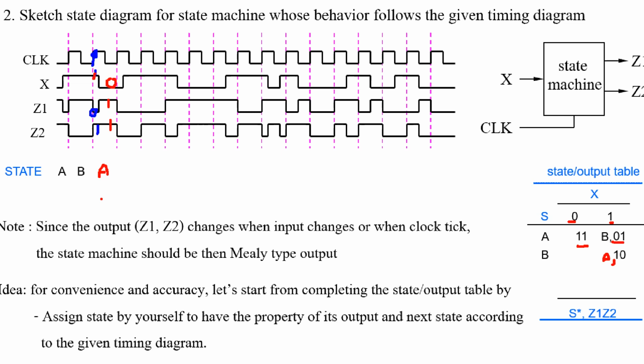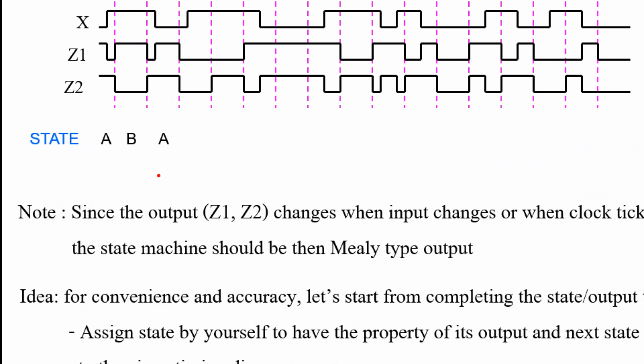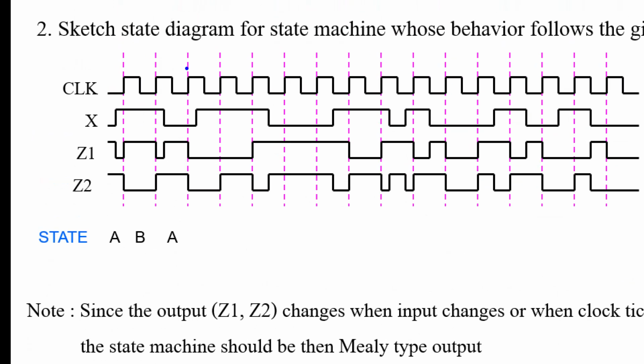And then the next clock tick at here, now x is 0. Go to the state that when x is 0, output is 0, 0.